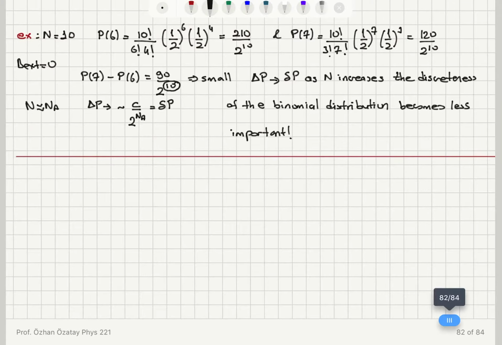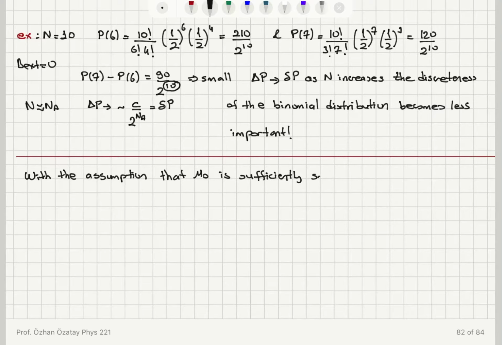So with the assumption that mu 0 is sufficiently small, such that any dm I consider of interest is going to satisfy dm much greater than mu 0.